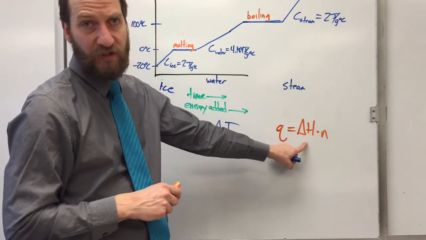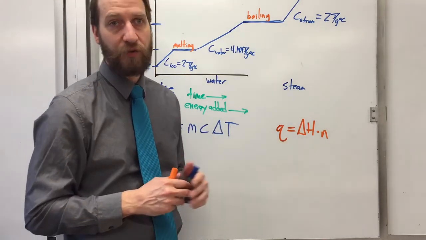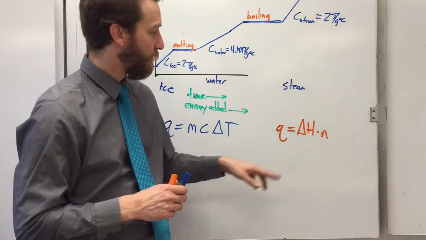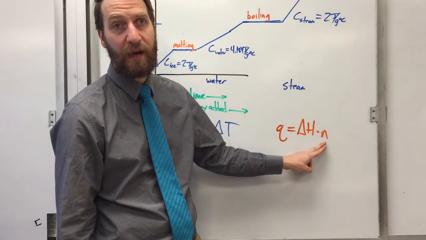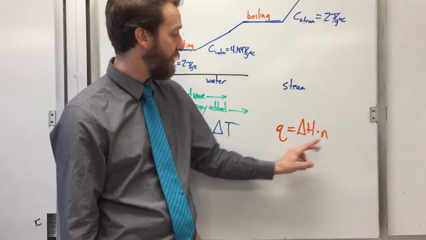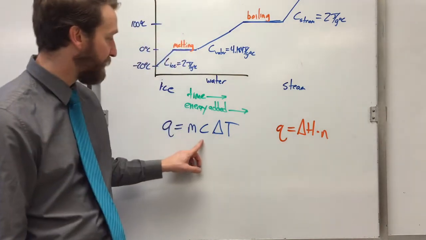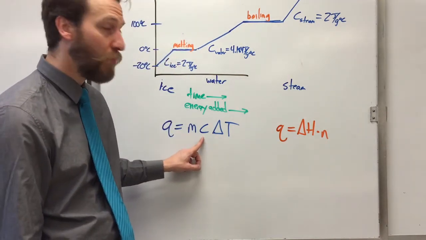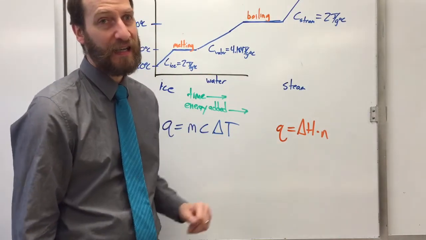And those delta H's, if you remember from your last chemistry course, are normally in kilojoules per mole. So if we know how much the enthalpy changes in kilojoules per mole, we can multiply by how many moles we're changing, and that will give us an energy. Now we've got to be a little bit careful because usually these heat capacities are in joules per gram per degree, and these delta H's are in kilojoules.